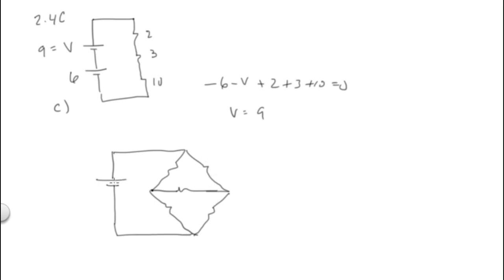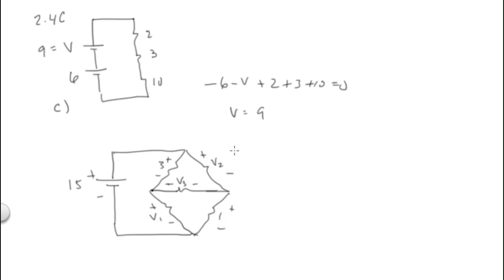Okay, so we have 15 here, plus to minus. We have 3 here, plus to minus. We have a V2 here, plus to minus. I have a V3 here, plus to minus. I have a V1 here, plus to minus, and I have a 1 here, plus to minus.